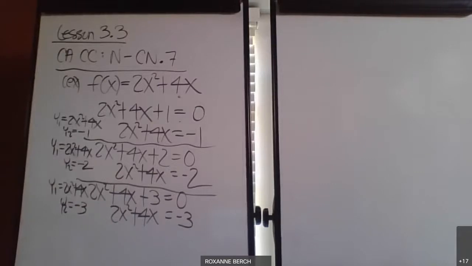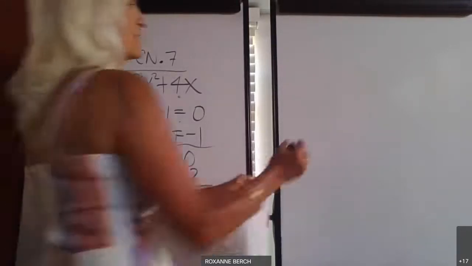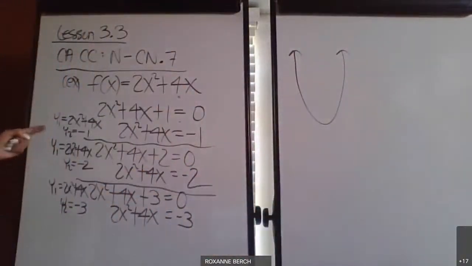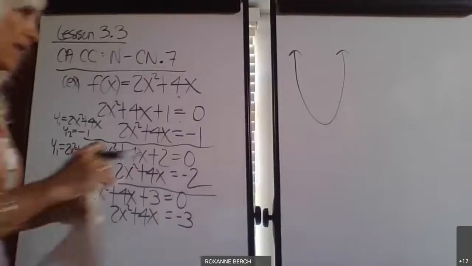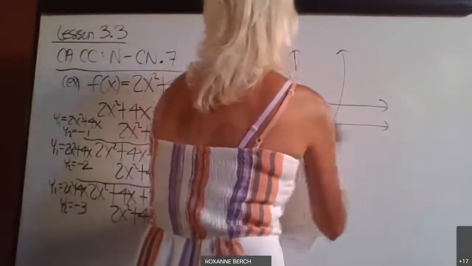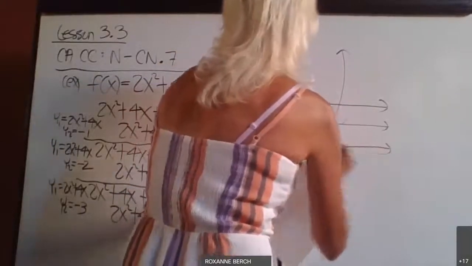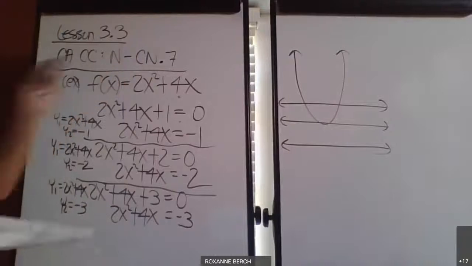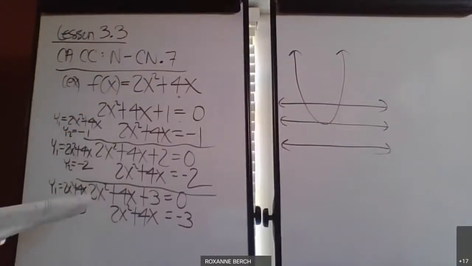So basically, they want to know about the solutions. So when you graph this, you're going to get the parabola, that's y sub 1, and you're going to have these different lines. So if you graph these all at once, this is what this is going to look like.